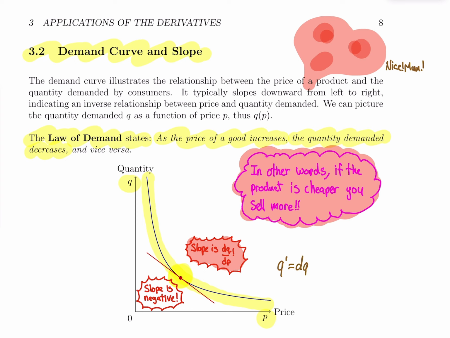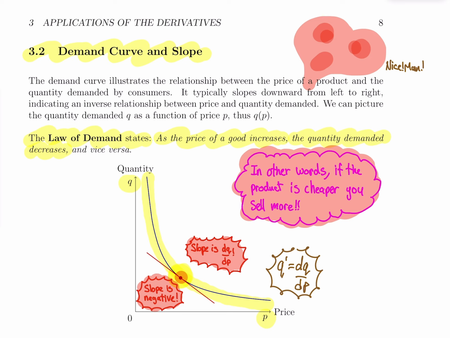As you can see, when you look at this red line, the tangent line at that red dot, this works for any point on that graph, but in particular for that point, you can see that this line has a negative slope because it's going down with the graph, of course. So the slope here is always going to be negative. So dQ over dP is always going to be negative.